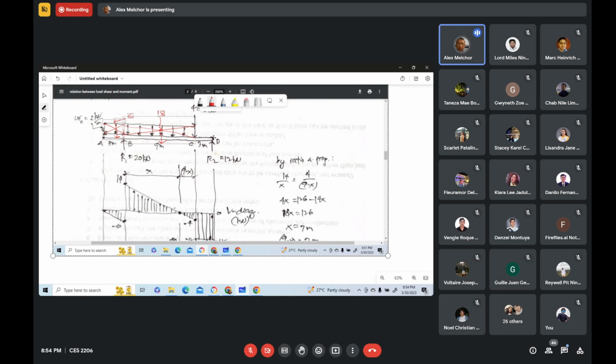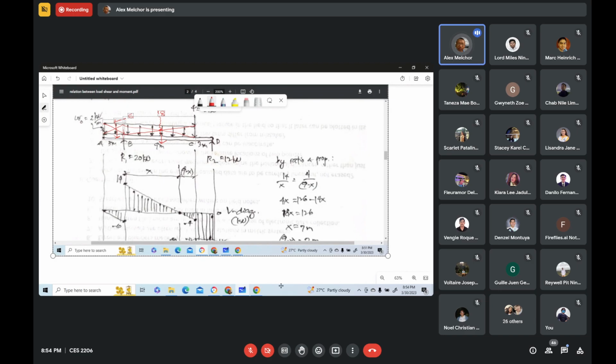The shear to the right of this, the shear at D, is equal to, using the summing up forces vertical to the right. There's nothing to the right, so the shear here is 0. Okay. So now we will connect the points.